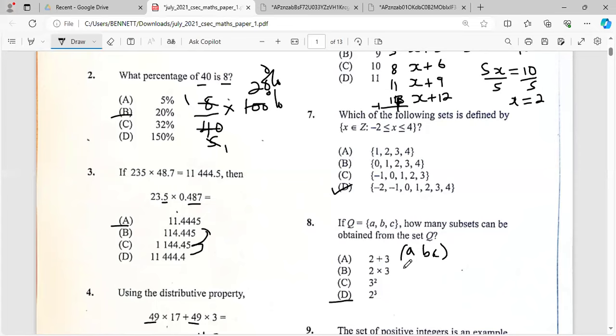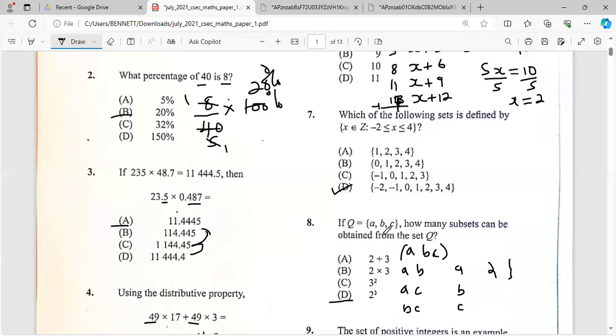Then we could have AB, and then AC, and then BC. And then we could have a set containing A, one containing B, one containing C, and then we have an empty set. Let me see, 1, 2, 3, 4, 5, 6, 7, 8. Remember the empty set is one of them, right? And 2 to the third power would actually be the answer.